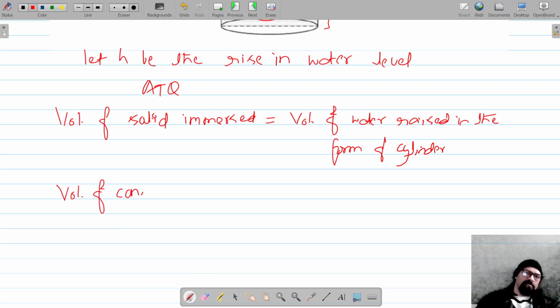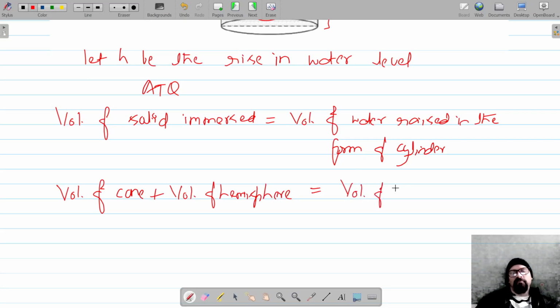This is volume of cone plus volume of hemisphere, and this will be equal to the volume of the cylindrical rise, the volume of cylinder.